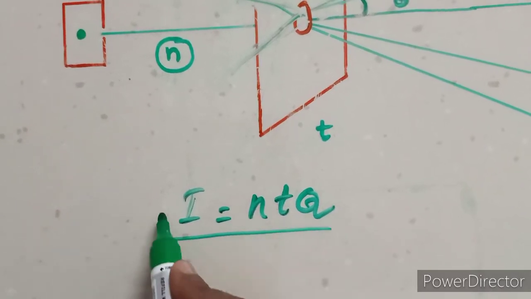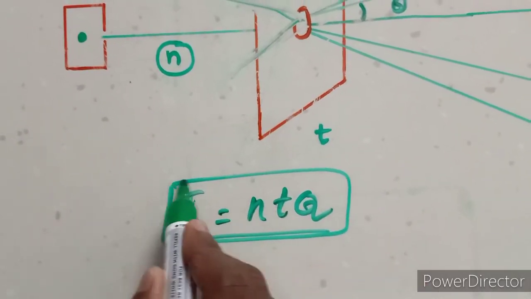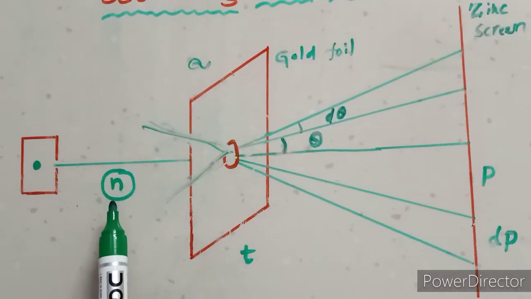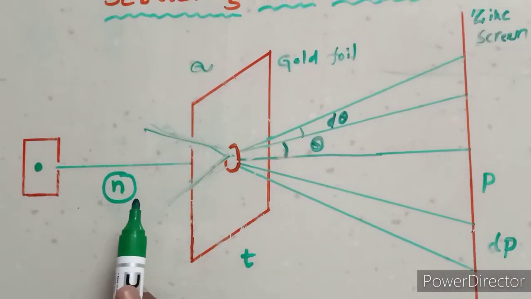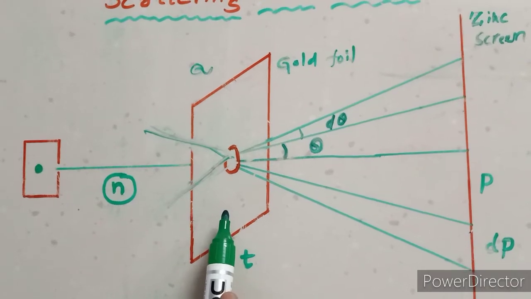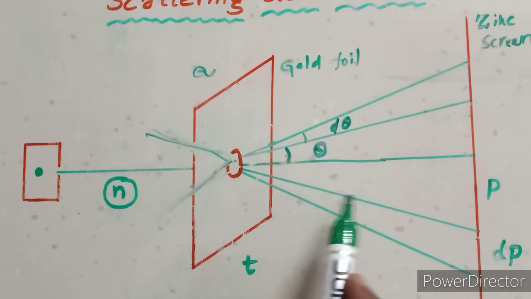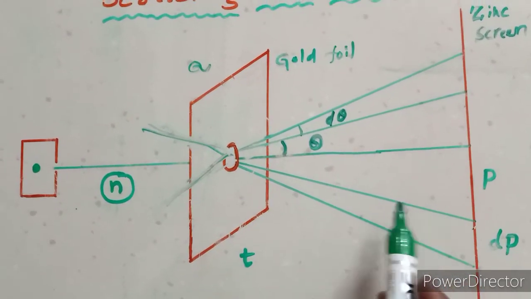So this is the intensity of incidence, I equals n t q. The n alpha particles are incident on the gold foil and scattered through the impact parameter.